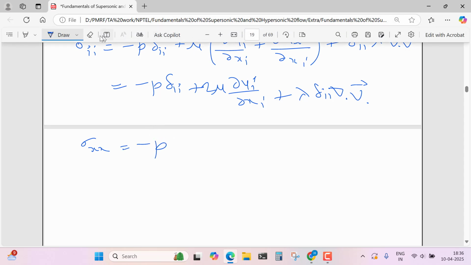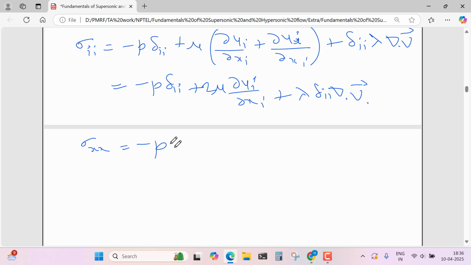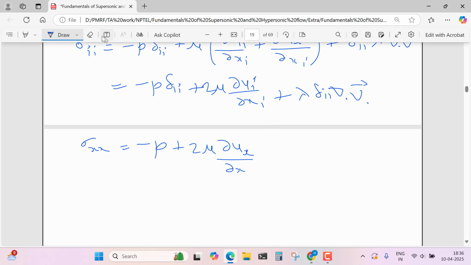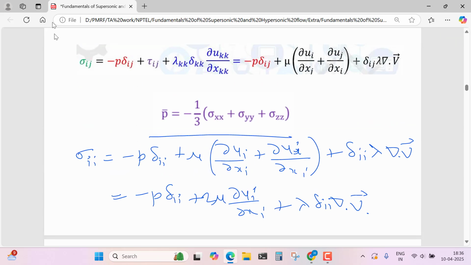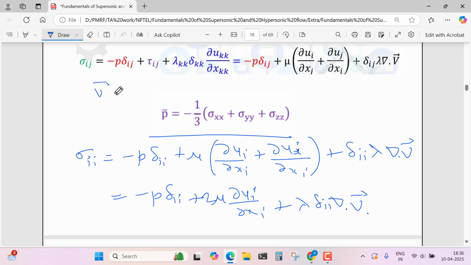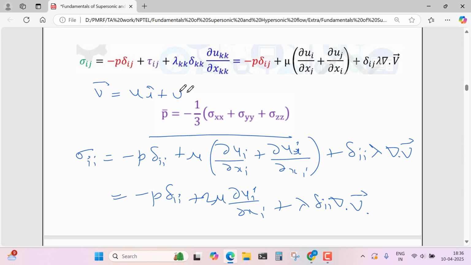One more thing. Okay, I will write now. Minus P, delta xx is 1, plus 2 mu dou u upon dou x. Or I will write one thing, V vector equal to u i plus v j plus w k.